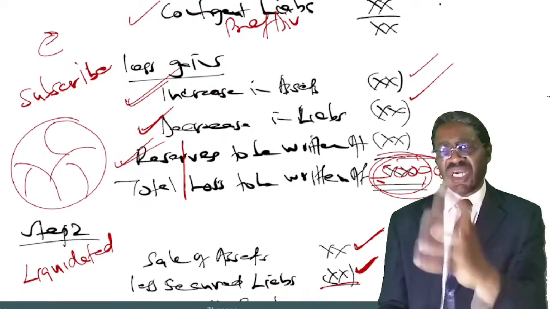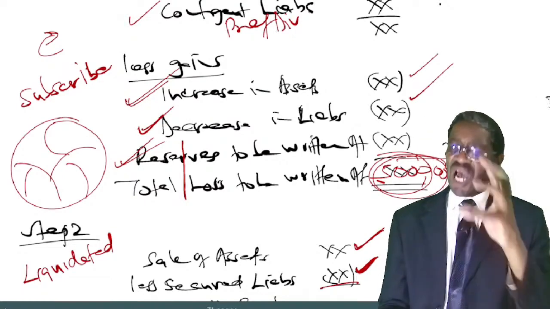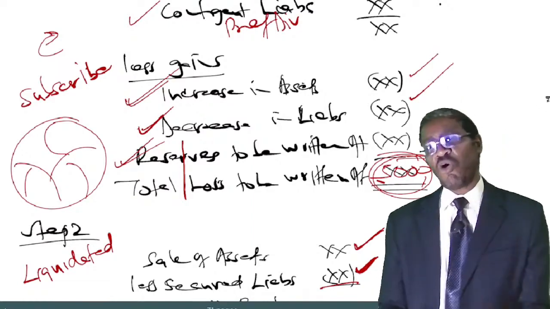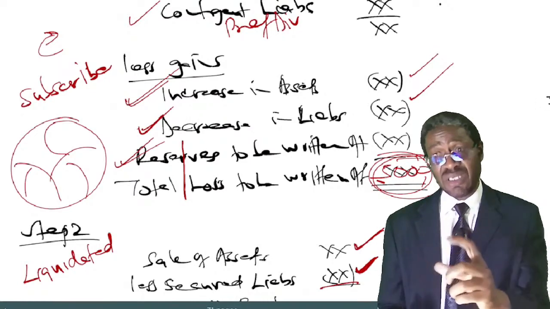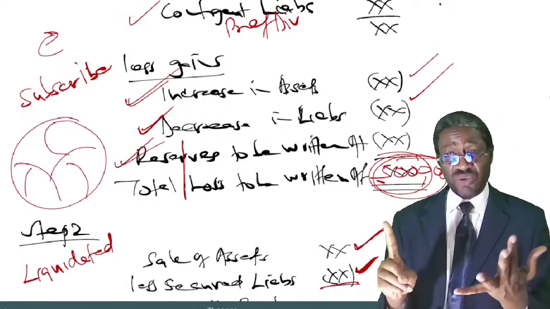Good. So I think I've reminded you on how to design a scheme of internal reconstruction. Now, how to design those 4 steps. Step number 1, determine the total loss to be written off.